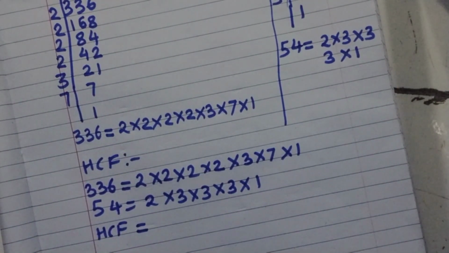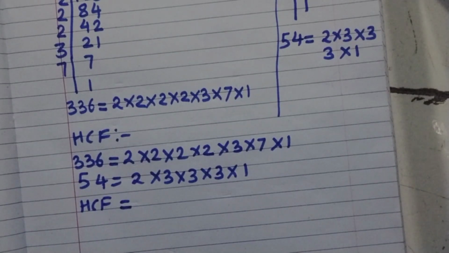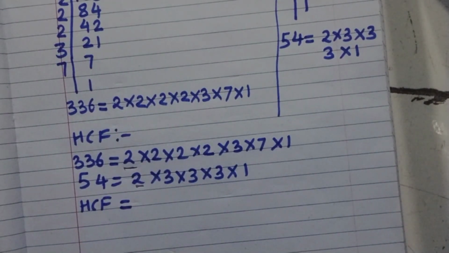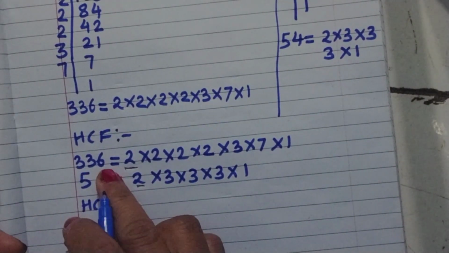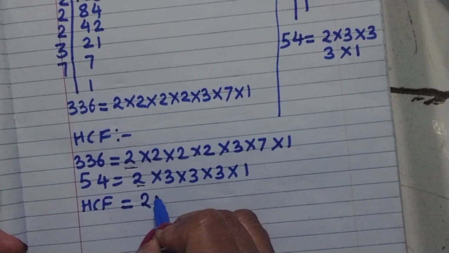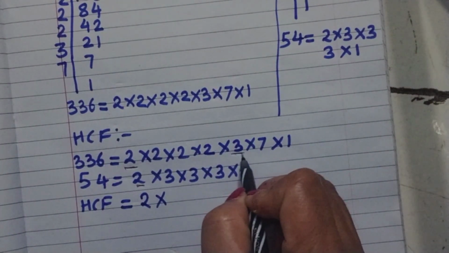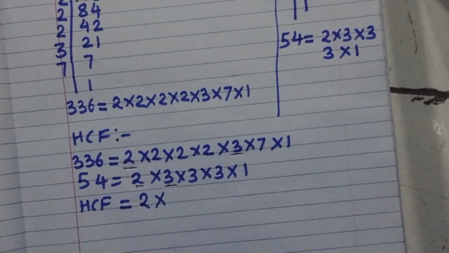So to find HCF, we find common factors among 336 and 54. So first common factor is 2 among 336 and 54. We write 2. We write multiplication sign. Now next common factor is 3 among 336 and 54.